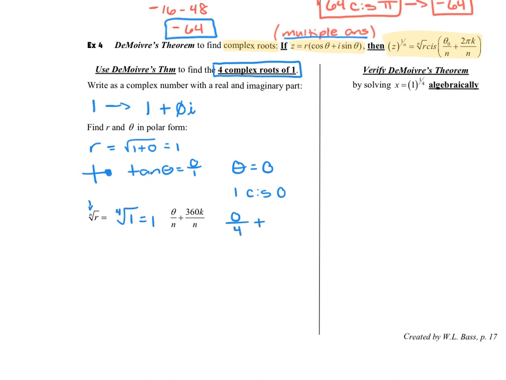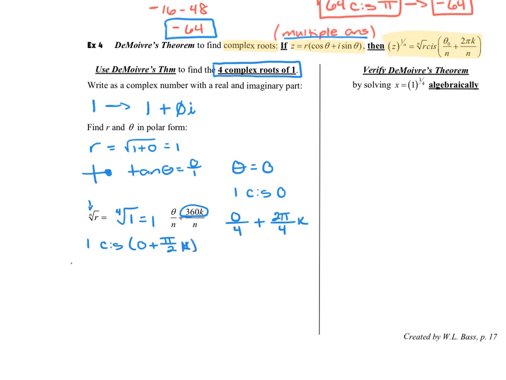I'm going to add to that either 360 or 2 pi. I'm going to divide that by 4. And then, of course, I'm going to have my k. So my formula is going to look like 1 cis 0 plus pi over 2k.